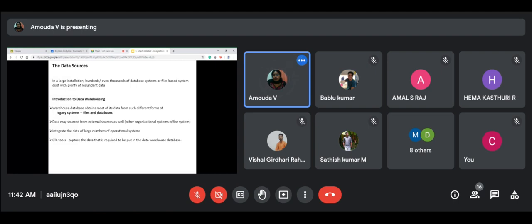You cannot just extract the data like that. We have to use ETL tools, which capture the data, not all the data, only what is required for the data warehouse. That is very important.